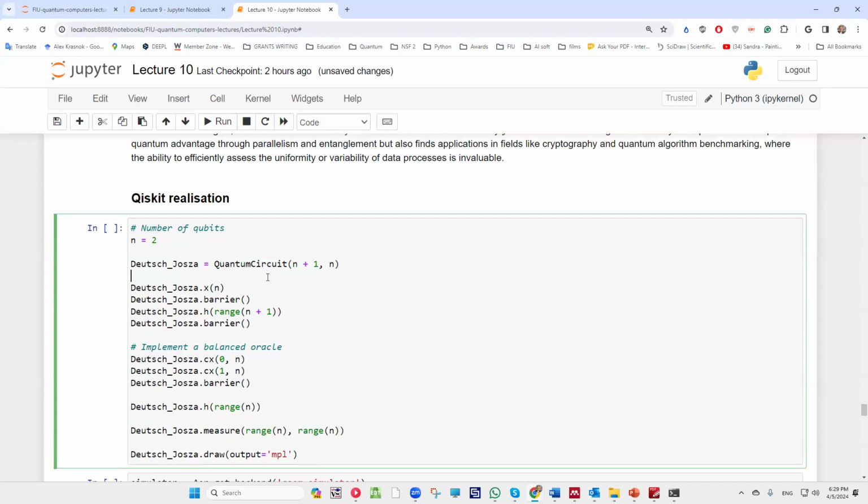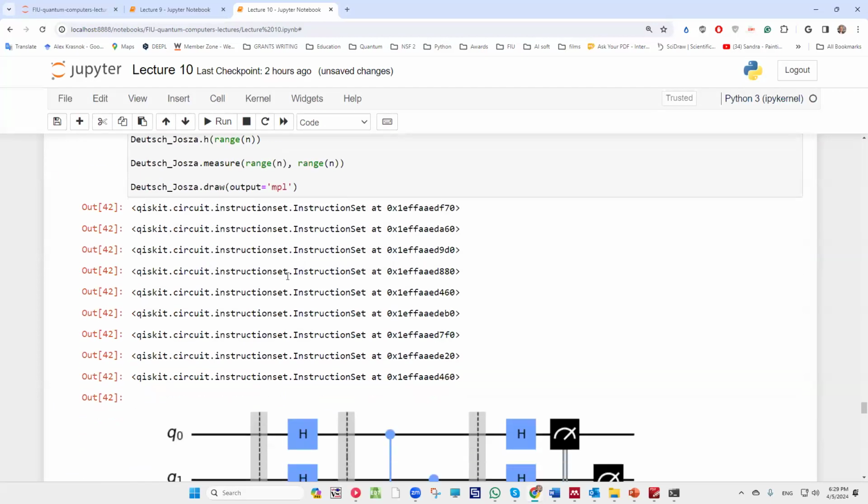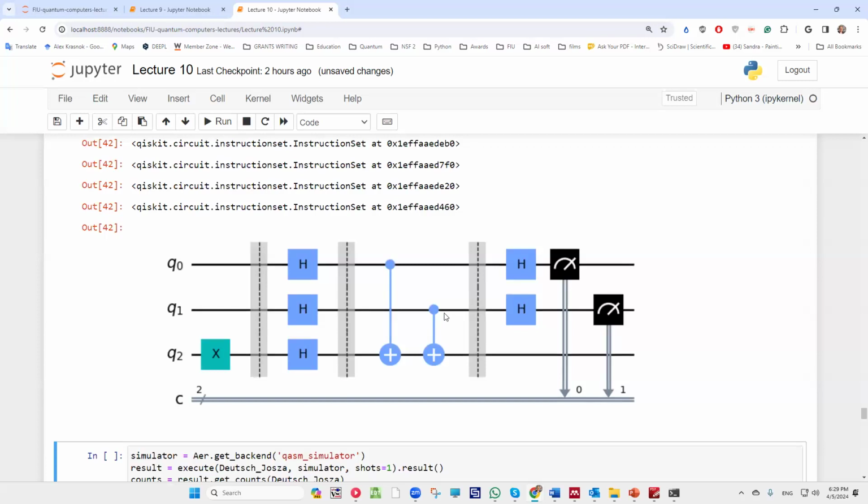Again, let us just draw the circuit because we already know the parts, right? The last qubit is always created in the state 1. The first two qubits, the ones we apply the oracle to, are in the state 0 initially. Then we create the perfect balanced superposition of the basis states.